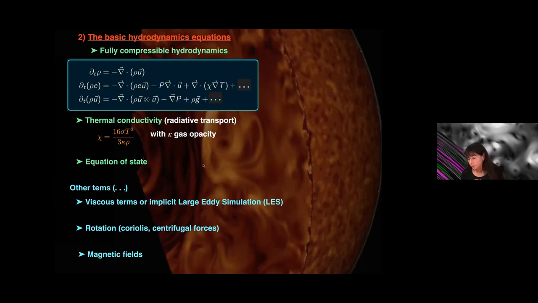So, if you want to do 3D simulations of stellar interiors, the basic hydrodynamic equations that you need to solve are the fully compressible hydrodynamics equations, which I've put here.